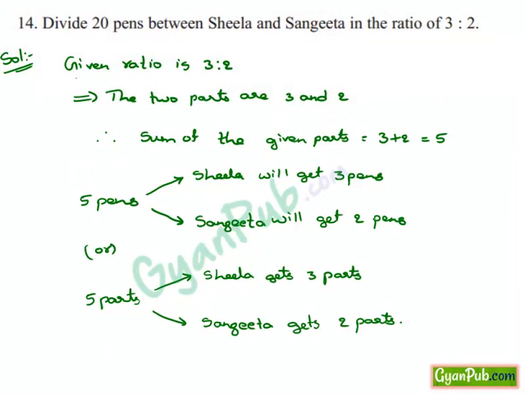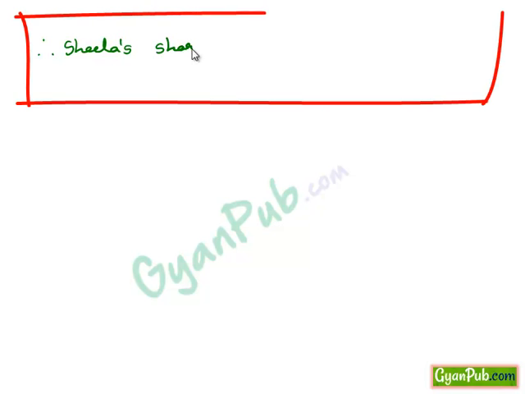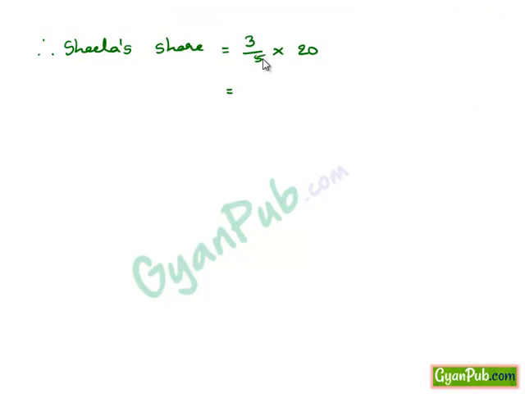Therefore, now we have to find number of pence that Sheela and Sangeeta got out of 20 pence. Sheela's share is nothing but 3 upon 5 multiplied by total number of pence, that is 20. This is equal to 5 goes in 20 by 4 times and 3 times 4 is 12.